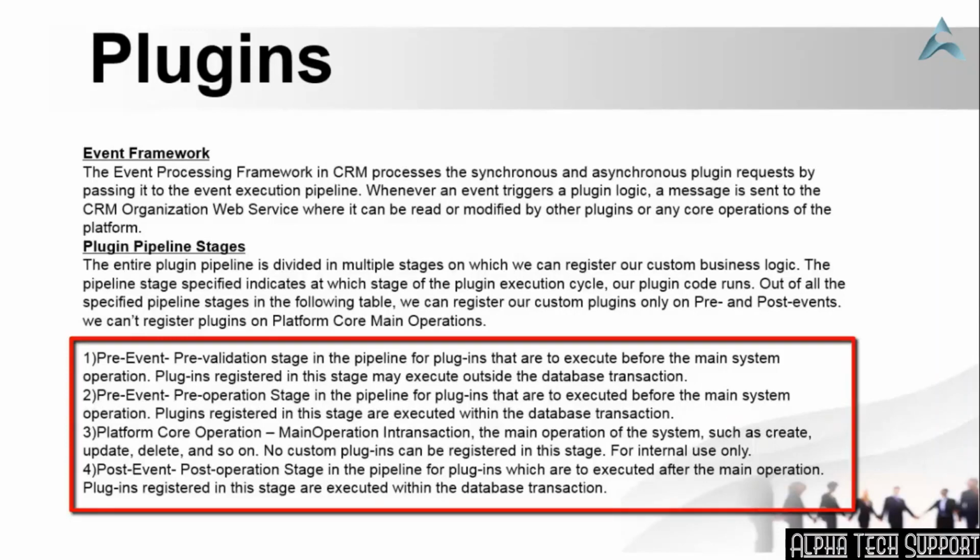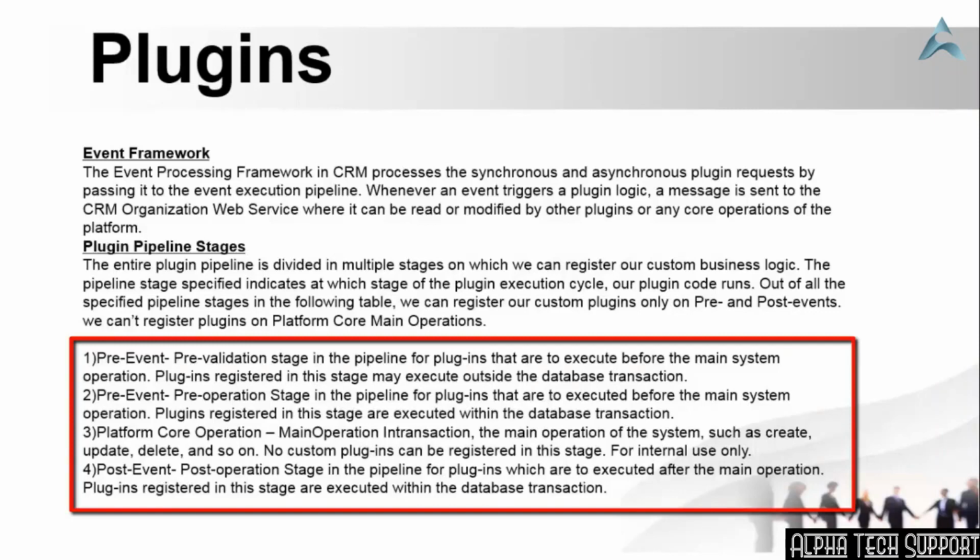So let's start with the first one, that is the pre-event, pre-validation stage. In the pipeline, these are for plugins that are to execute before the main system operation.